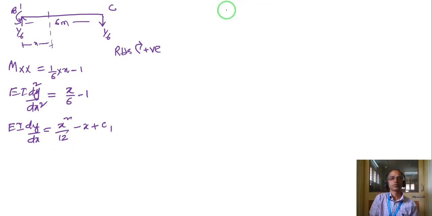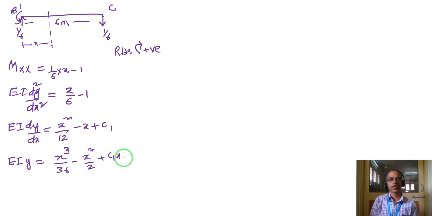Integrating one more time, EI y is equal to x cube by 36 minus x square by 2 plus C1x plus C2.